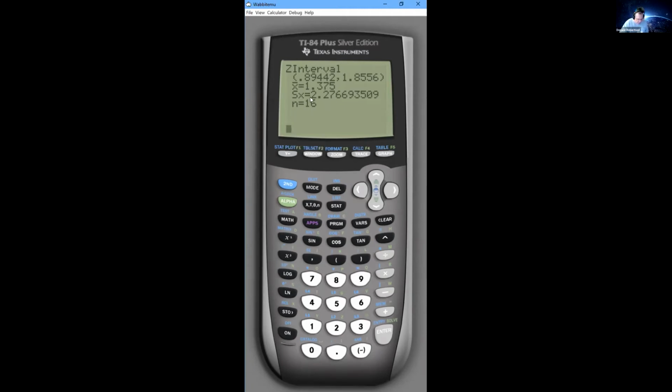I said 1.4. I said 1.5, didn't I? Now, if this number was distinctly different, then I might be worried about my assumption on sigma being 1.5. And that's pushing it a lot. That's about the only reason I could want to know that in the context of this question.